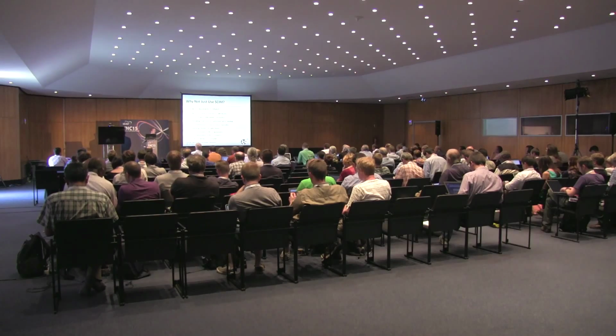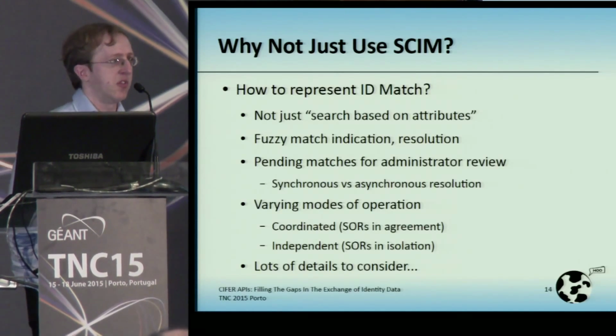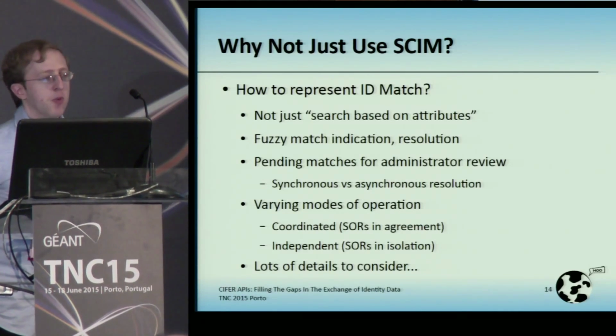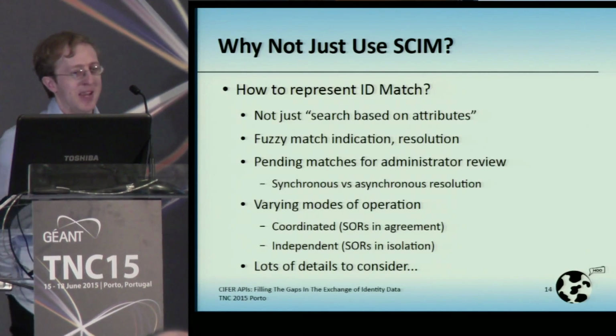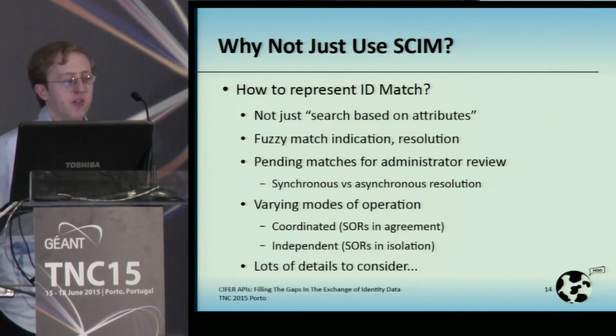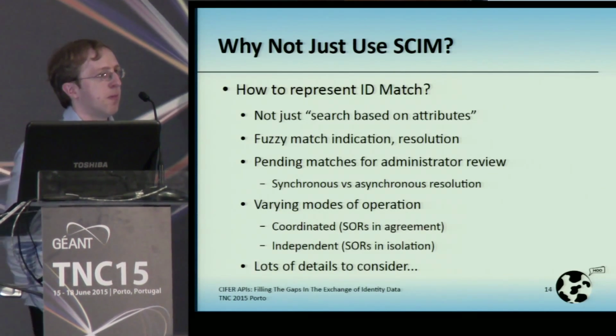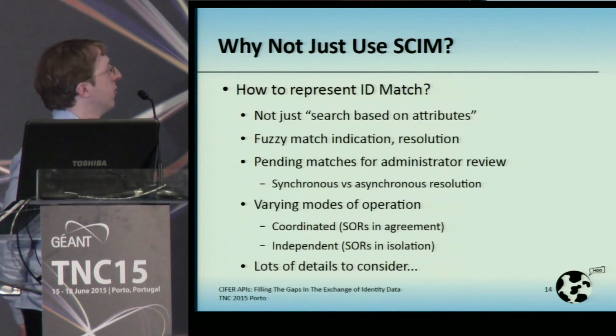So now that we've kind of got the domain, we start looking at what's out there. And of course, the first question that we keep asking ourselves over and over and over again is, why aren't we just using SCIM? If you'd like to stay here for 2 years, I can recite the entire conversation that we had around this. But to summarize, it's a close match for certain use cases, but for some use cases, it's just not close enough.